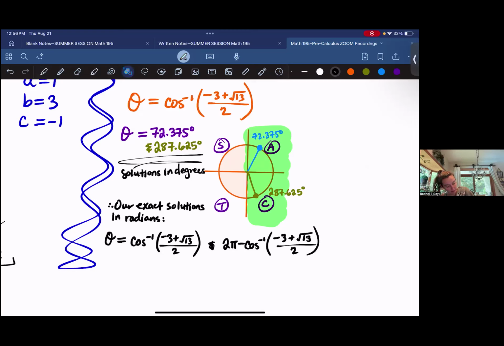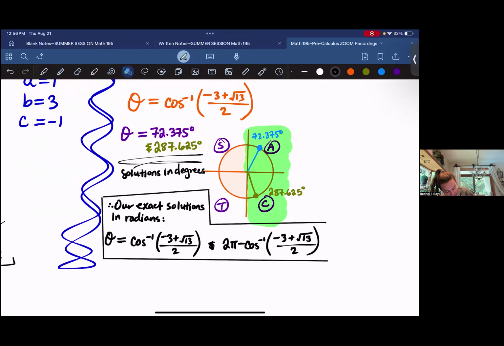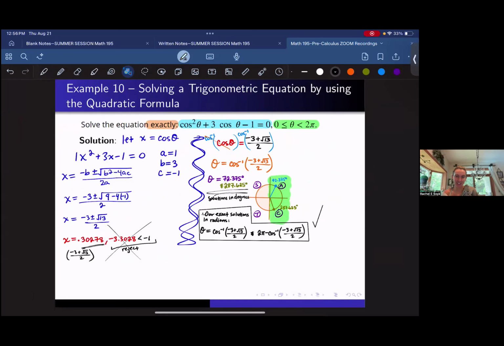And that is it. Let me try to create a little box. It's not going to be perfect. There we go. And we are done.